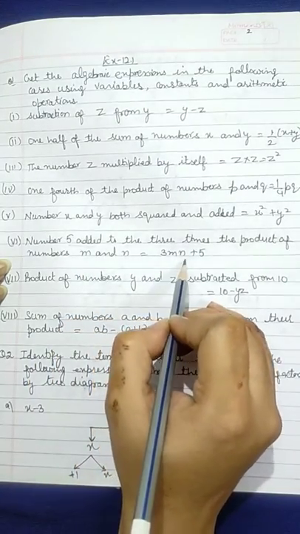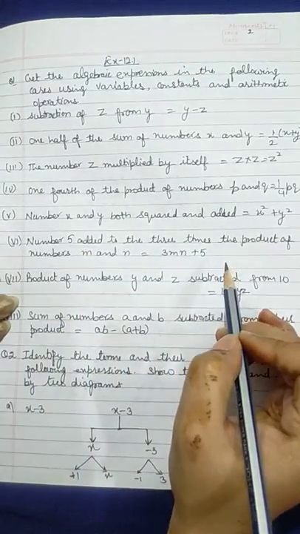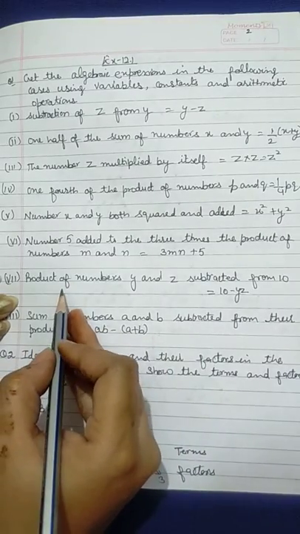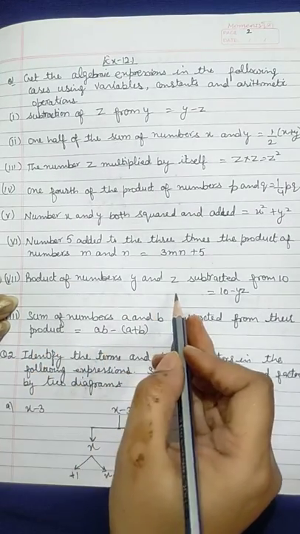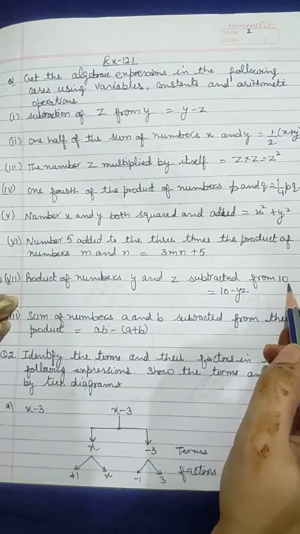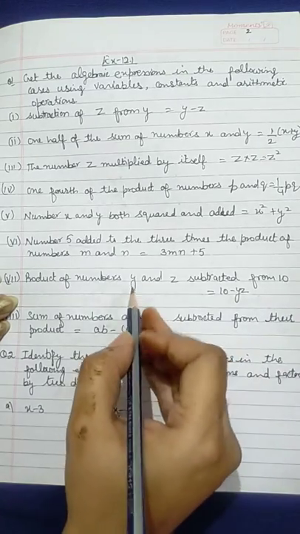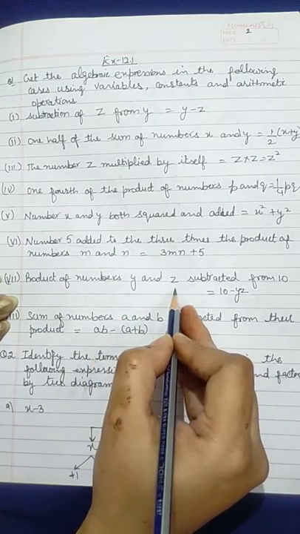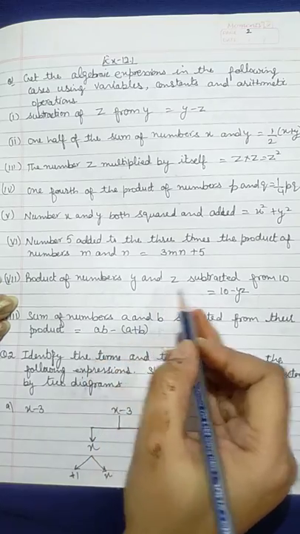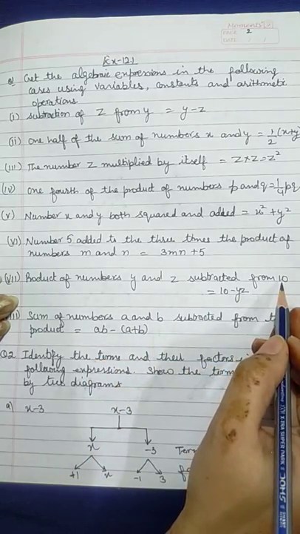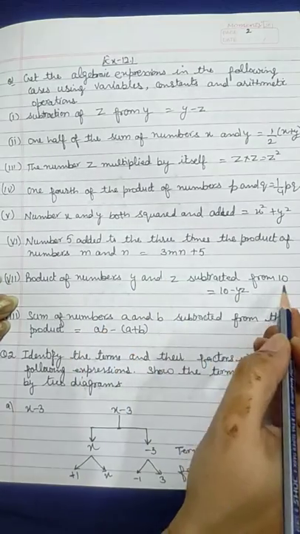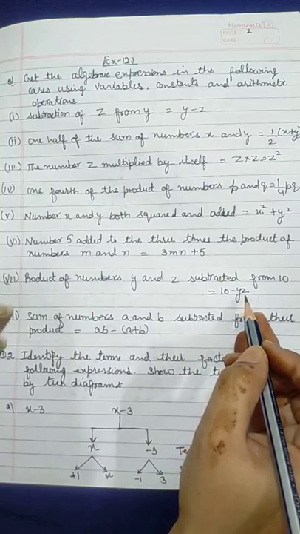So 3 into mn plus 5. Then in the next part, the product of the numbers y and z subtracted from 10. We will multiply y and z and subtract their product from 10. So it is 10 minus yz.